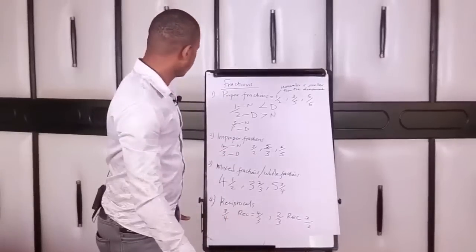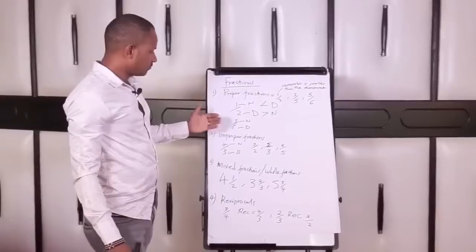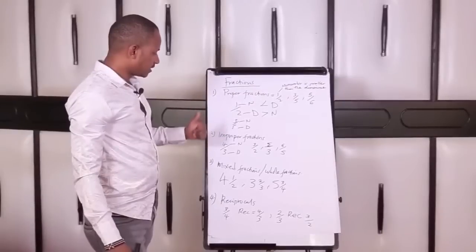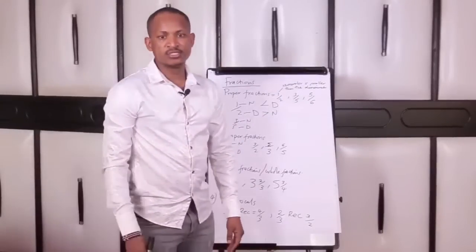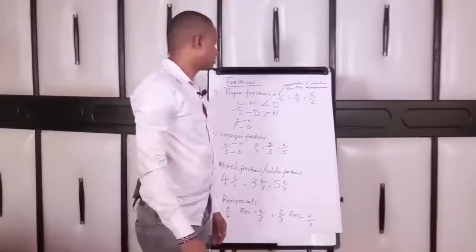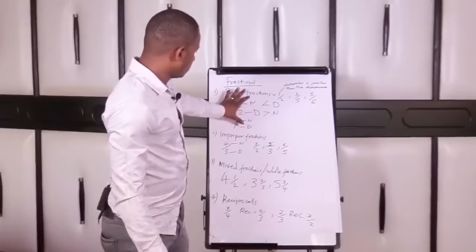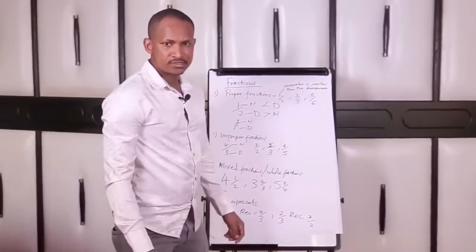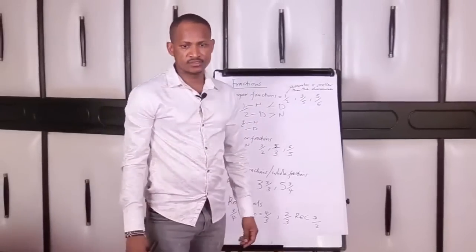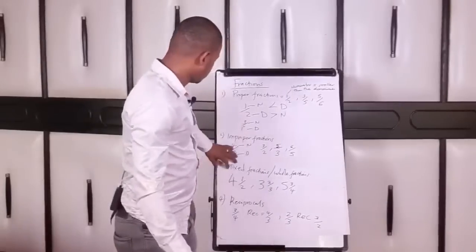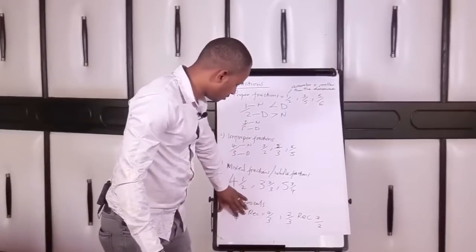So in our situation, if you are given these types of fractions, then we need to make an application. If you are given different numbers, different signs, then we need to apply what we call BODMAS.